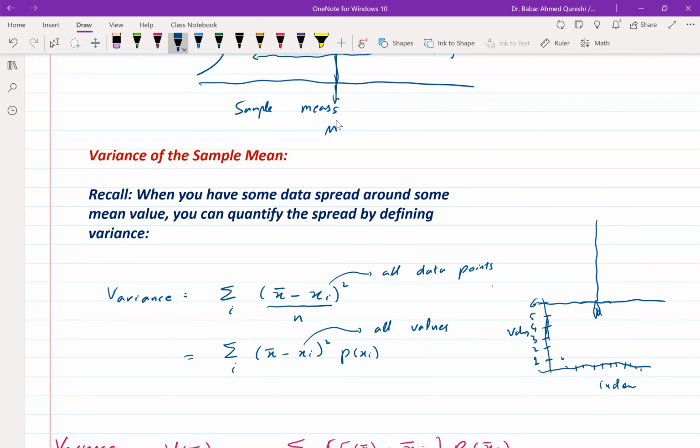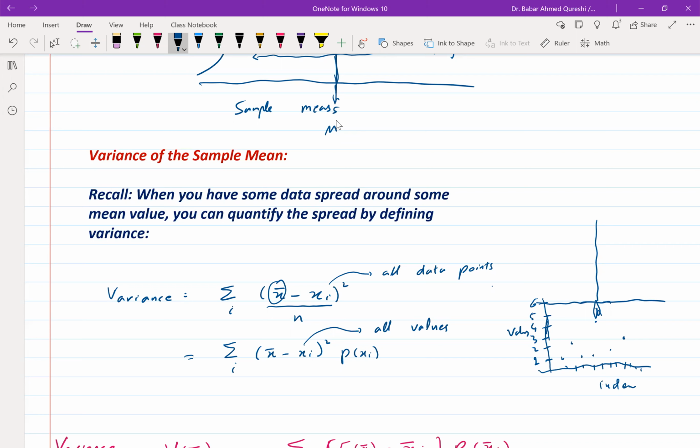So first is 1, second is 2, third is again 1, fourth is 1, fifth is 4. You can have the same value for more than one element, and they are all spread around different values, but they will have a mean, which I have written over here.